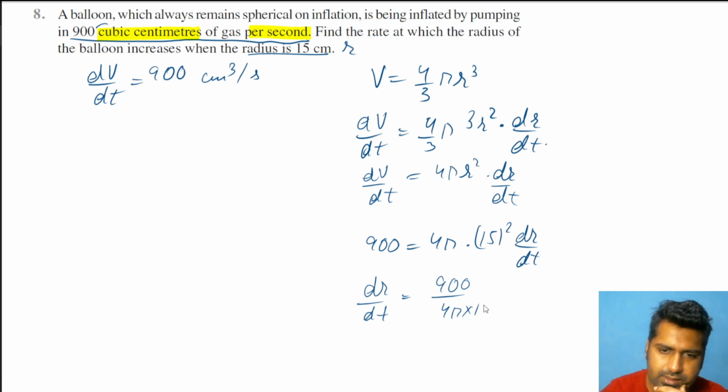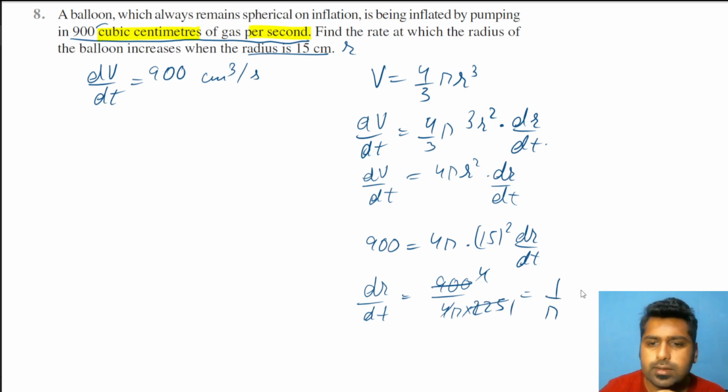Directly we can do this. 15 into 15 is 225, and 4 times it is 900. So 4 also cancels, and you get nothing but 1 upon pi. So 1 upon pi centimeter per second. Okay, you can put the value of pi also, 22 by 7, if the options are like that, or the question really wants you to give the answer as decimal or something, you can calculate, but 1 upon pi is okay. That's the correct answer.